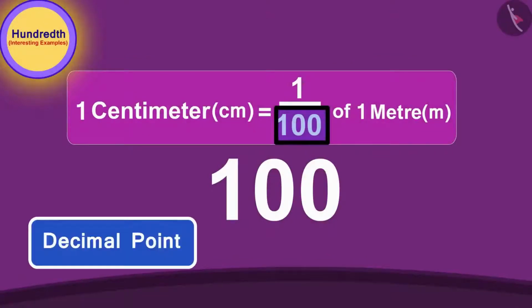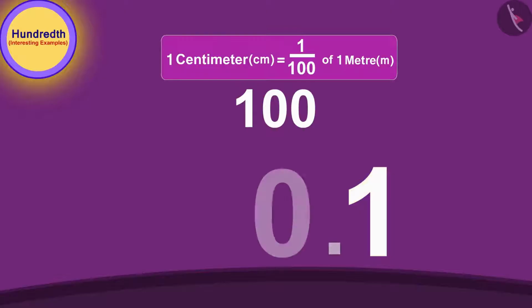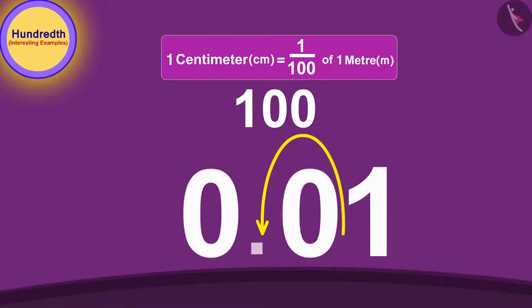We will move the decimal point twice to the left, starting from the end of the number like this: 1. And because this number only has 1 digit, we can add a 0 on the left side and then slide the decimal point to the left for the second time.